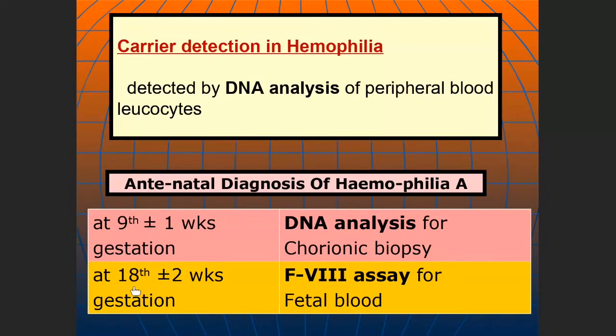In late pregnancy, from the 18th week, we take fetal blood under ultrasound, and in the fetal blood we measure factor 8. Early in pregnancy, by chorionic villus sampling, biopsy, and DNA analysis. From the 18th week, ultrasound-guided fetal blood sampling, and we measure the level of factor 8 in the fetal blood.